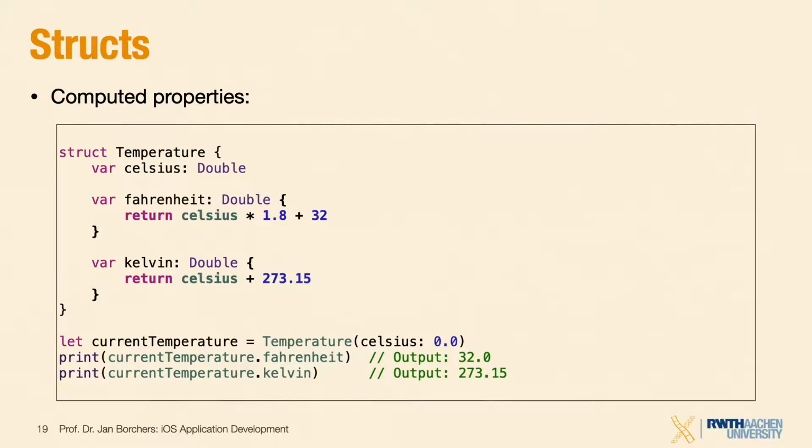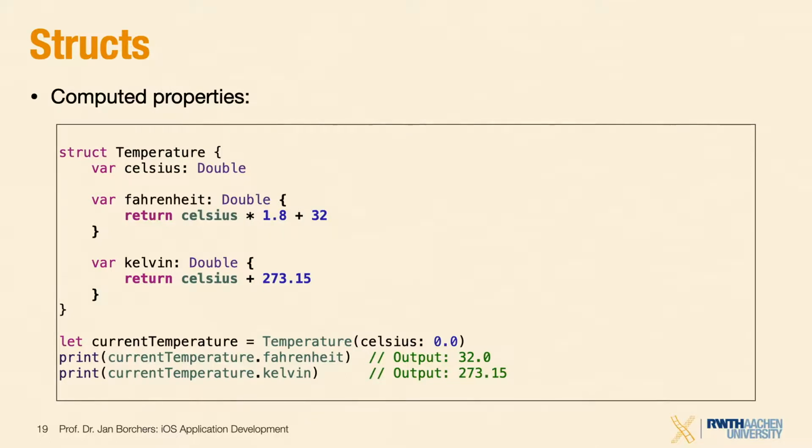What we can do instead is have a Fahrenheit property that is actually not storing any values. It's just computing it whenever it's asked for its current value. So Celsius remains a regular property here, but Fahrenheit is actually a computed property. What does that look like?